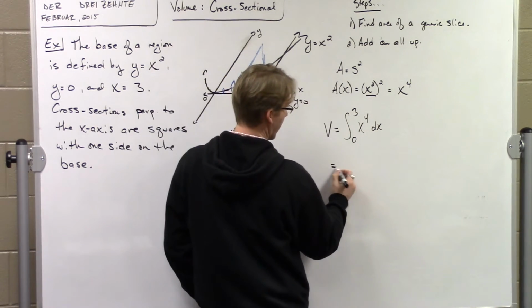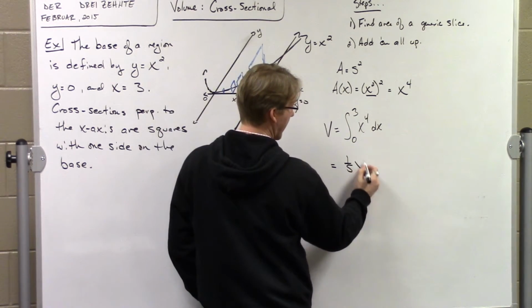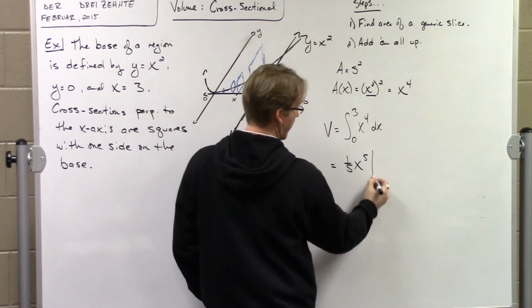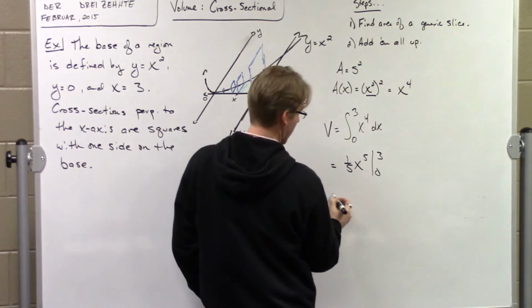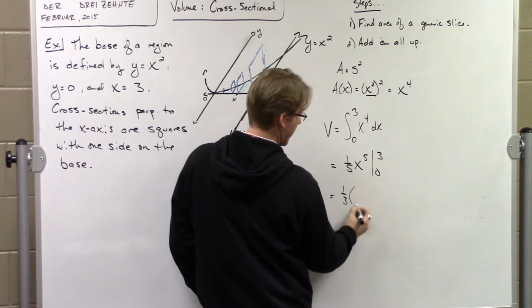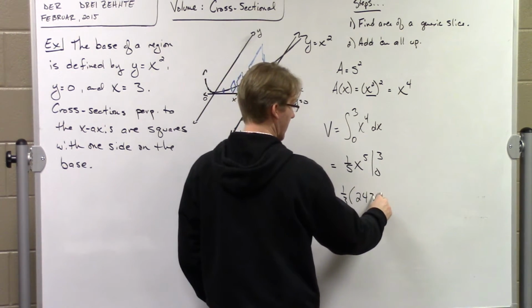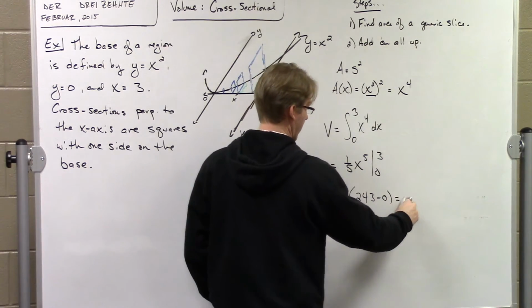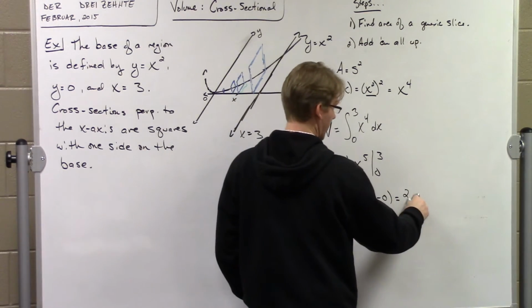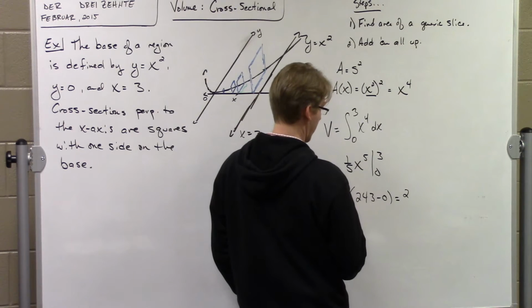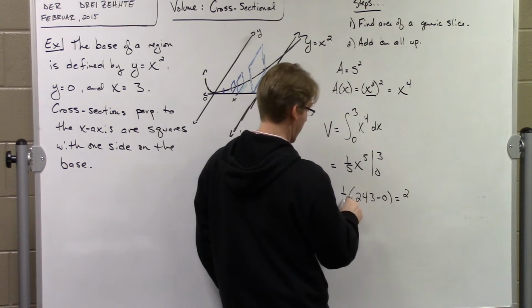So the volume for us is going to be 1/5 x to the 5th from 0 to 3, which is 1/5 of 243 minus 0. Why'd you write 1/5? Sorry, thank you. I was like 1/3.